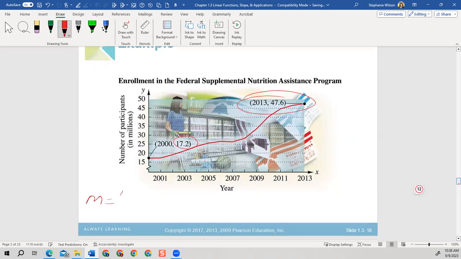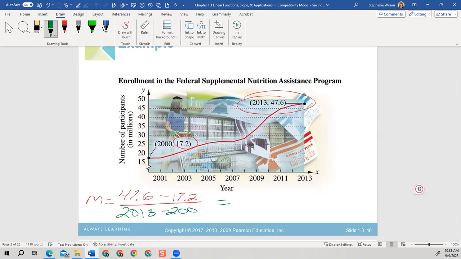So I got my Y value from the second order pair minus the Y value from this first order pair, divided by the time, right? So if you wanted to, you can say 13, but we're going to say 2013 minus 2000. And then we're going to divide this out, right?